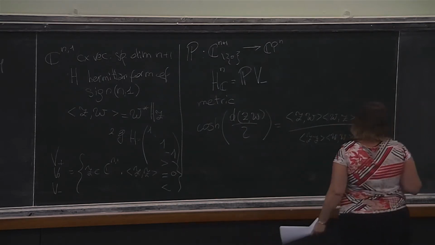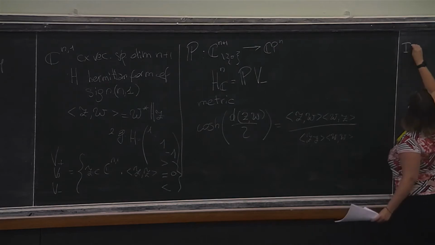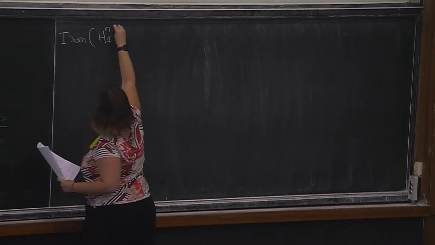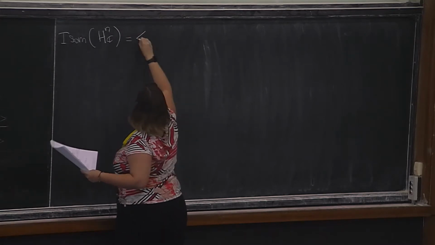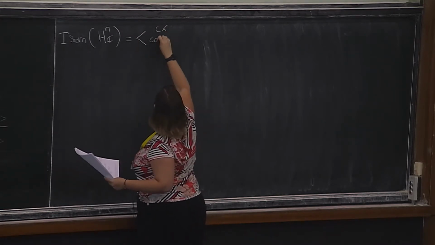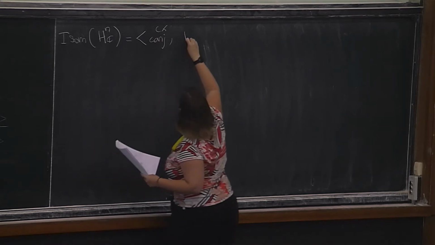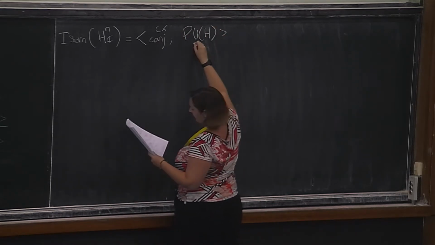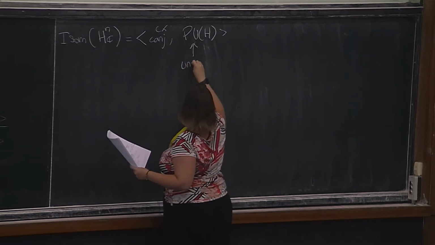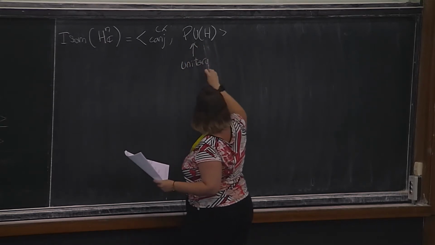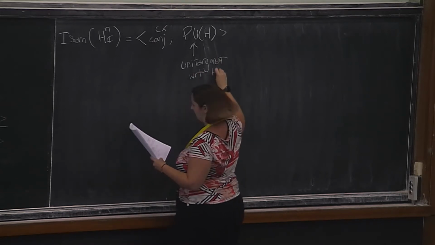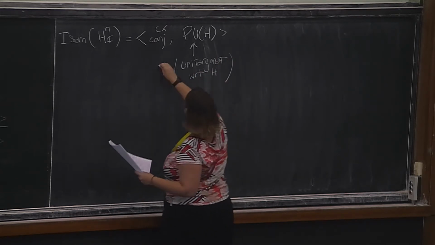In here, we will consider the space of isometries. That is the group generated by the complex conjugation and by PU of H, which means that we're taking the unitary matrices with respect to H, and then we projectivize it.